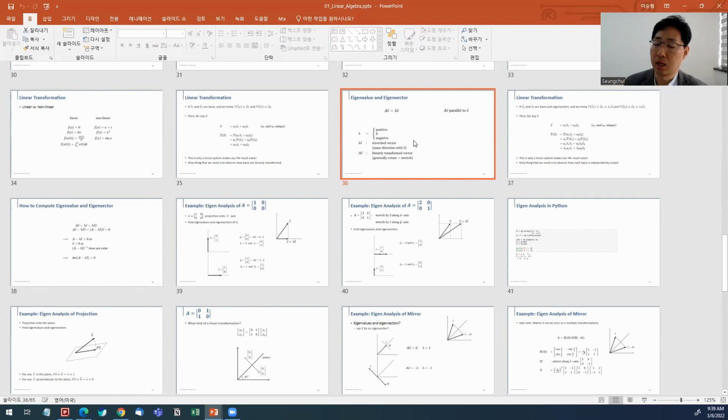I know most of you already know how to compute them. Given a matrix, you can compute eigenvalues and eigenvectors, but that's not enough. I hope that you are able to get some insight or some ideas from the eigenvalues and eigenvectors whenever you have either a matrix or a linear transformation. It doesn't matter.